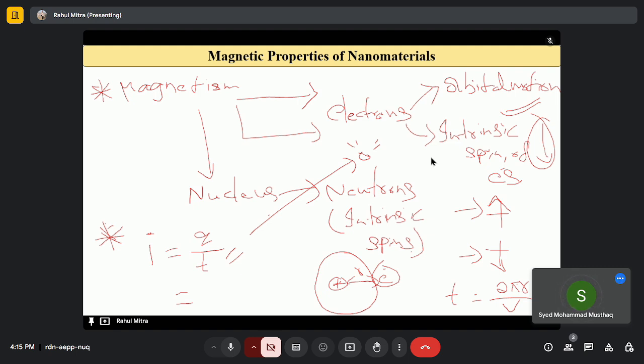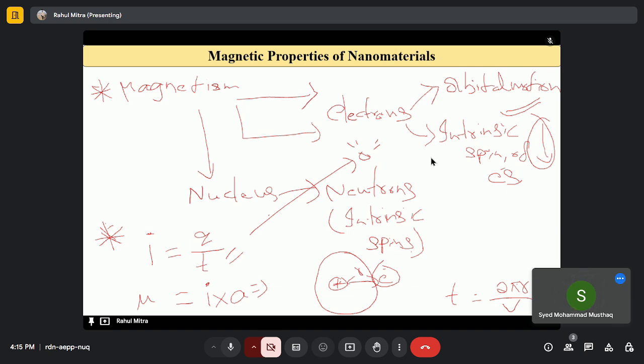Now coming to magnetic moment. Magnetic moment equals I times the area of the loop.